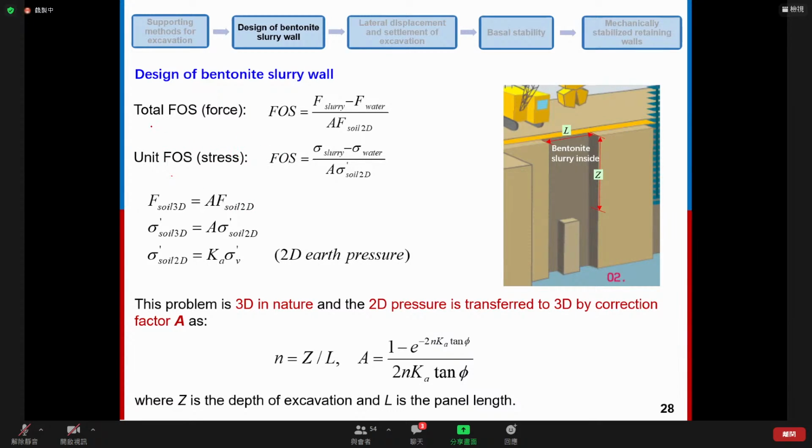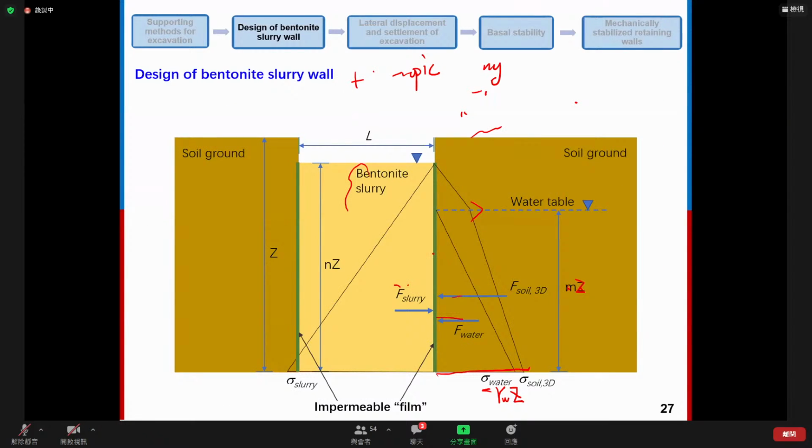We consider the total factor of safety and unit factor of safety. As you can see, the total factor of safety is defined by the force, the resultant force here. Okay. And the unit factor of safety is defined by the stress. Let's go back to the previous slides.